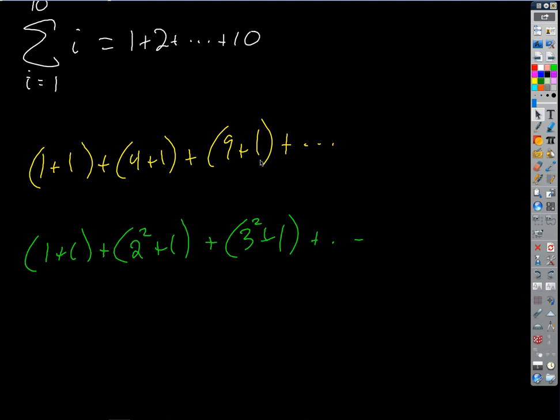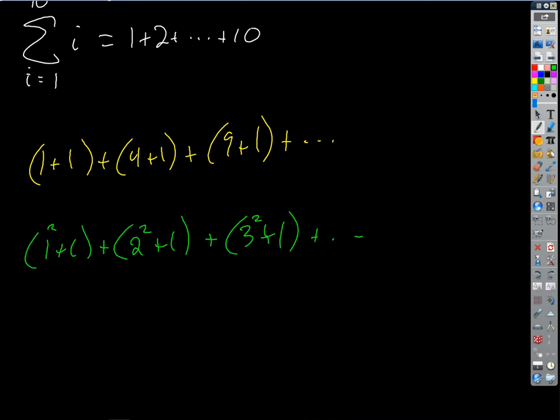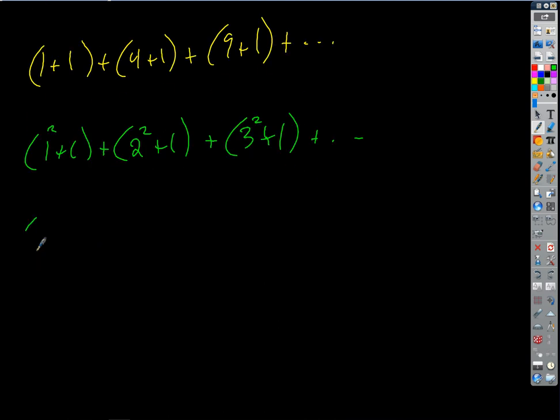Well, if we rewrite this in the form 1 squared plus 1 plus 2 squared plus 1 plus 3 squared plus 1, etc., etc. Well, then we can pretty clearly see that this is just a sum of i squared plus 1, right?